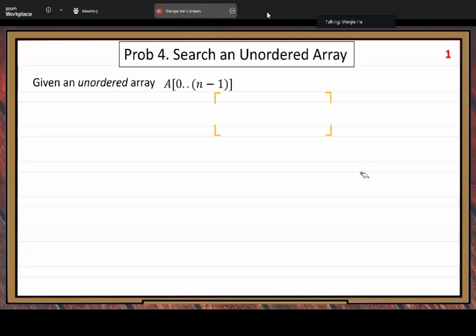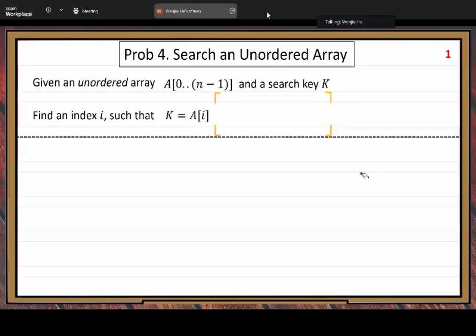Given an unordered array and a search key K, we need to find an index I such that A of I equals the given key K. So that's the search type problem.